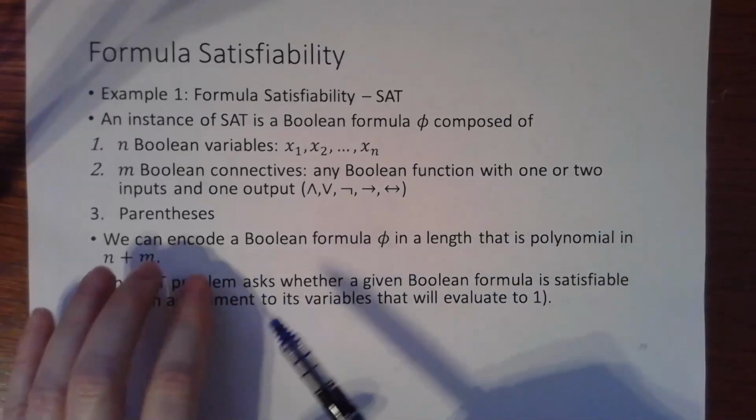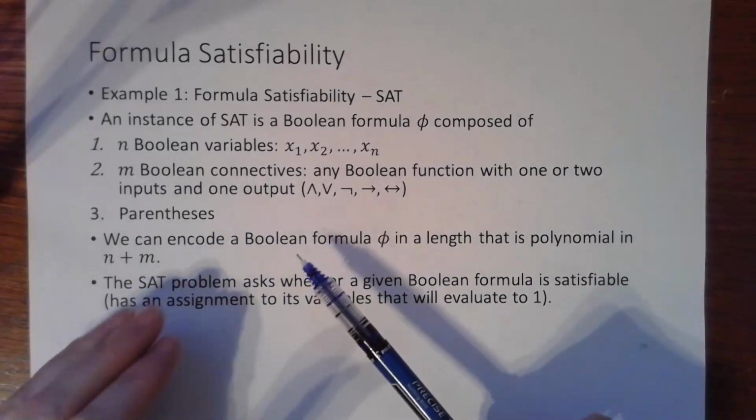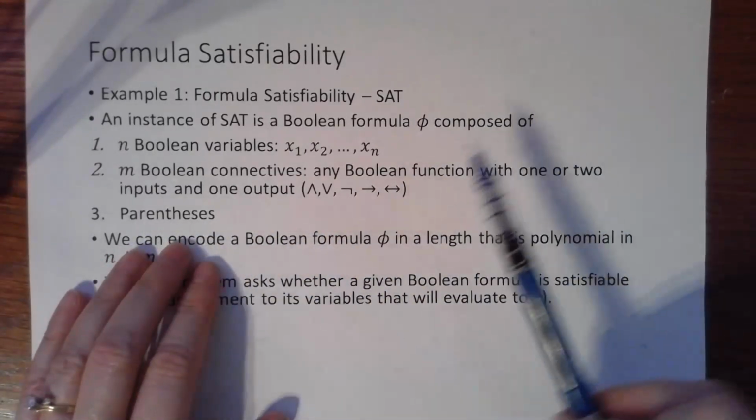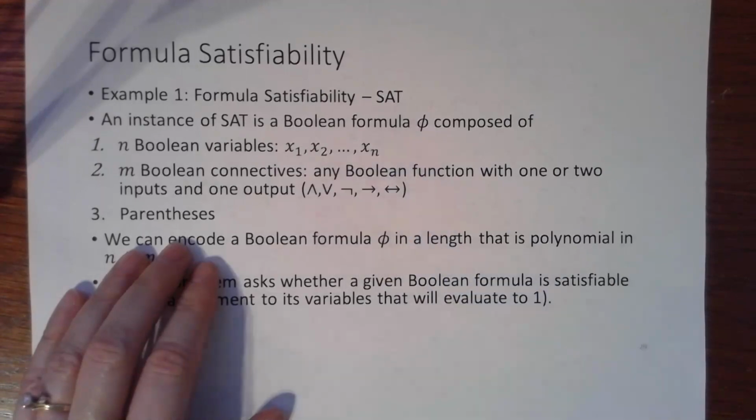Formula satisfiability is very similar to circuit satisfiability. The decision problem is, can you find some assignment of truth values to your variables so that the formula evaluates to 1?